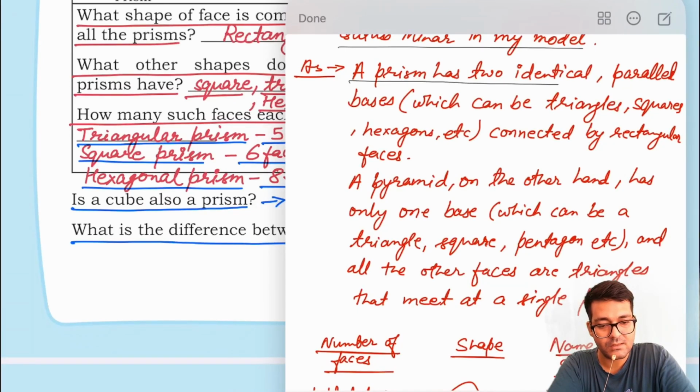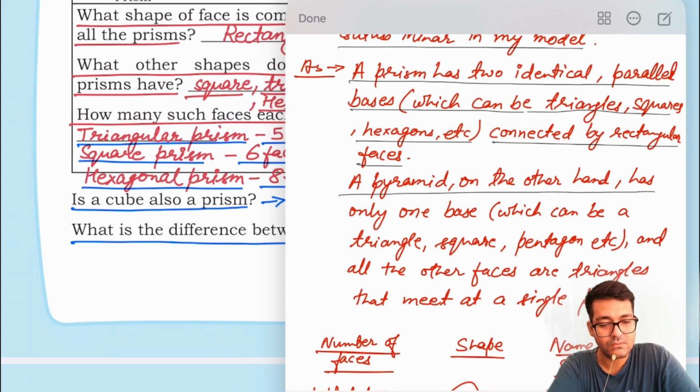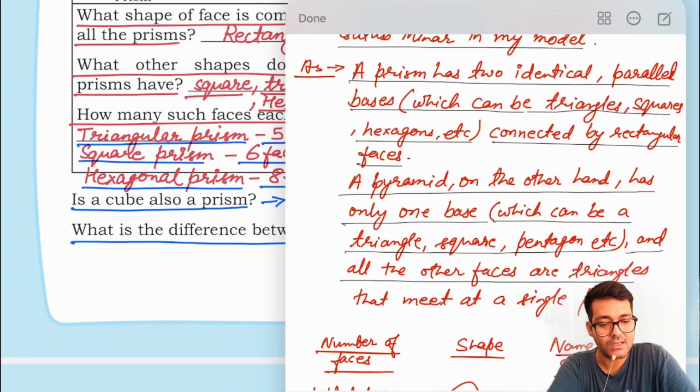A prism has two identical parallel bases which can be triangles, squares, hexagons, etc., connected by rectangular faces. A pyramid, on the other hand, has only one base, which can be a triangle, square, pentagon, etc. And all the other faces are triangles that meet at a single point.